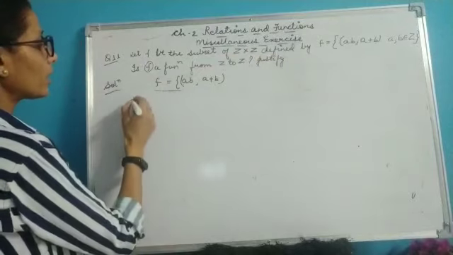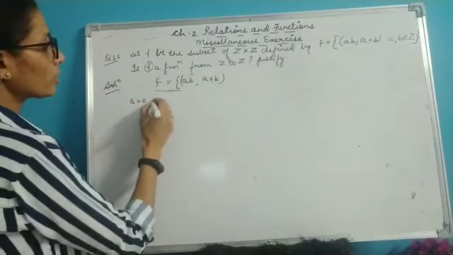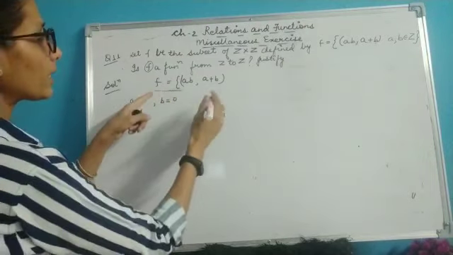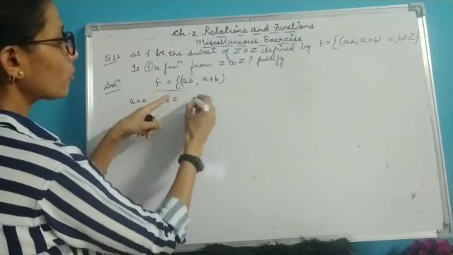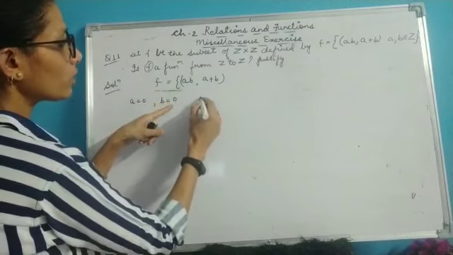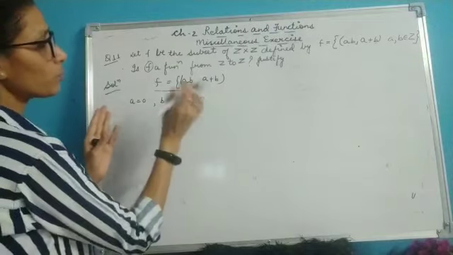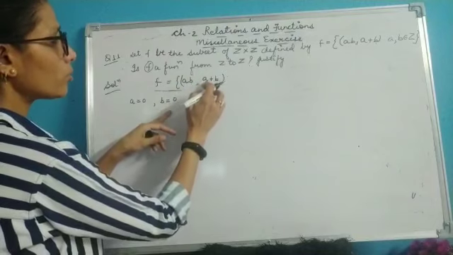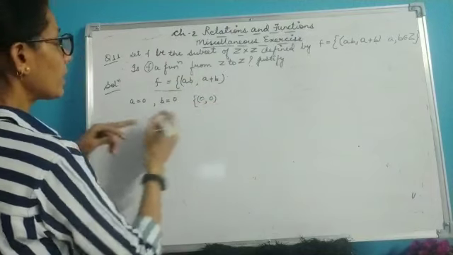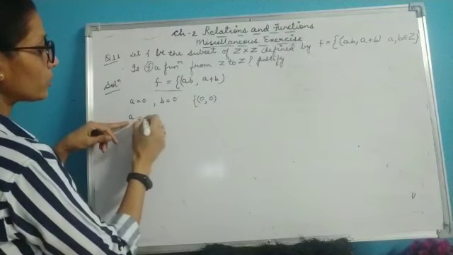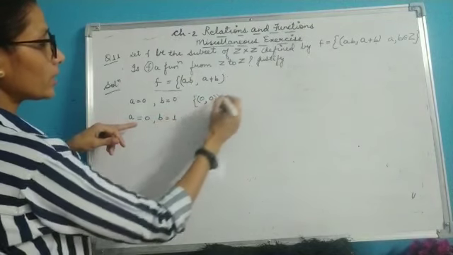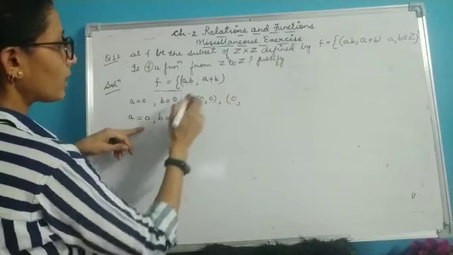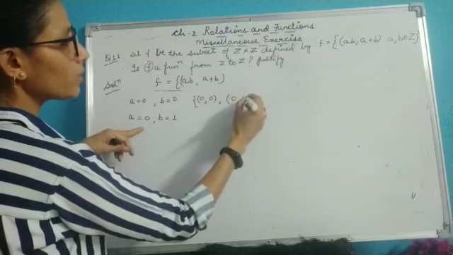So let's see. If I take a as 0 and b as 0, then what will I be getting here? You will be getting your subset as (0, 0). 0 into 0 is 0. 0 plus 0 will be 0. If I take a as 0 and b equal to 1, then if a is 0, this complete will be 0, and if a is 0, b is 1, then this will be 1.